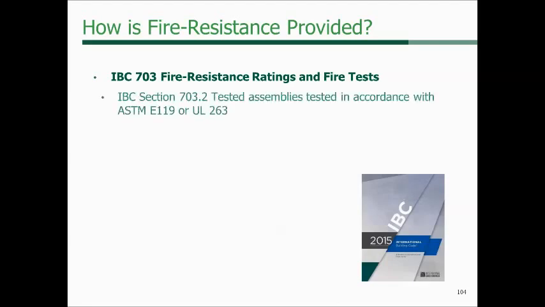One method is that you can test an assembly in accordance with ASTM E119 or UL 263. I mentioned ASTM E119 previously when I showed a picture of an assembly of a cross-laminated timber with gypsum on each side. That was an ASTM E119 test.